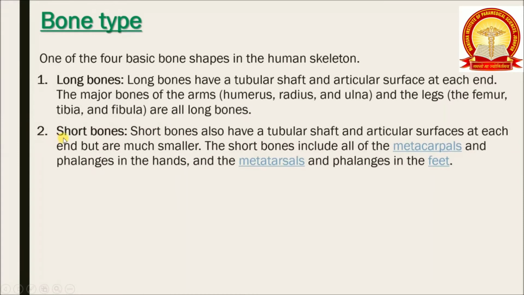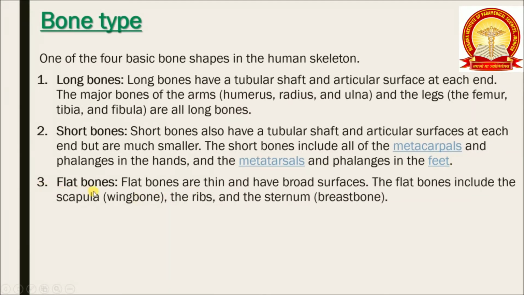And second is short bones. Short bones also have a tubular shaft and articular surfaces at each end but are much smaller. The short bones include all of the metacarpals and phalanges in the hands, and the metatarsals and phalanges in the feet.